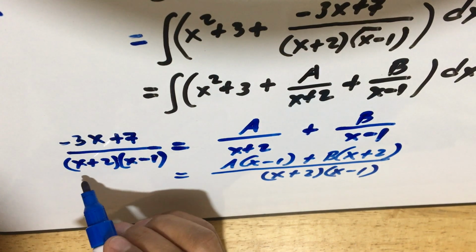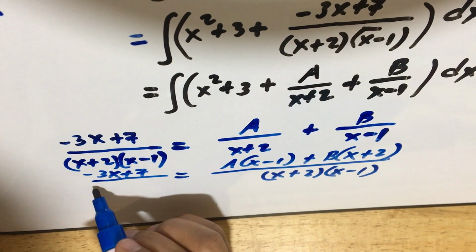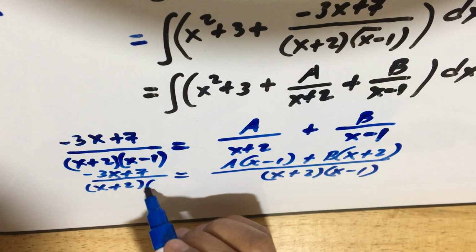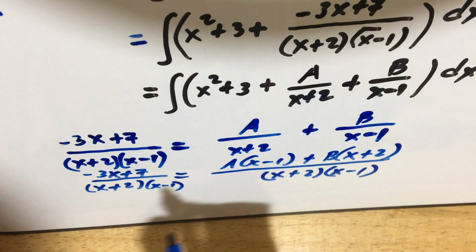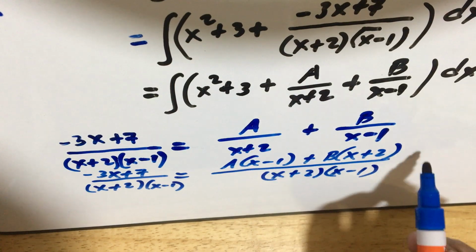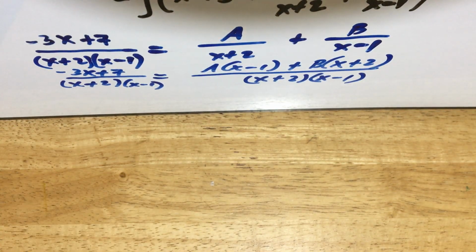Then just copy the left side. The left side is 3x plus 7, divided by x plus 2 times x minus 1. Okay, and then equate the numerators. I will write it in the other board.